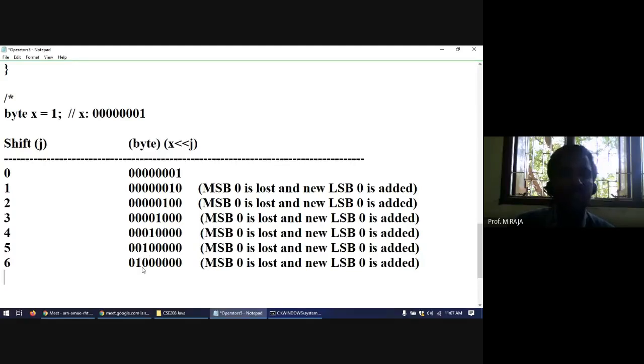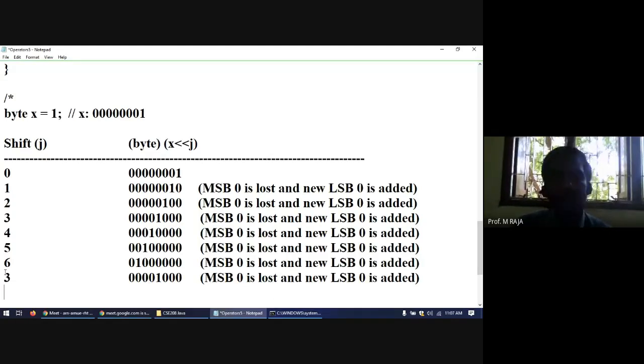And in the 7th shift, what happens? Here this is 7. The new MSB is set to 1 here. The remaining bits are zeros, including the LSB. New LSB 0 is added. Now this is actually the value 1.